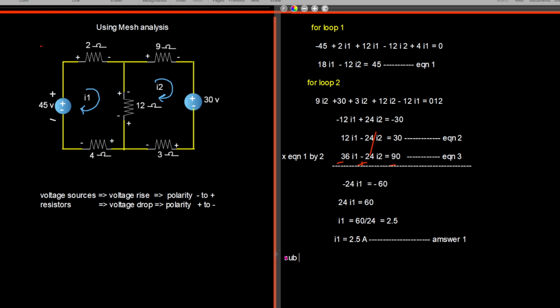Substitute this I1 in equation 2. So I get 12 into 2.5, that is the I1 value, minus 24 into that I2, that is equal to 30.